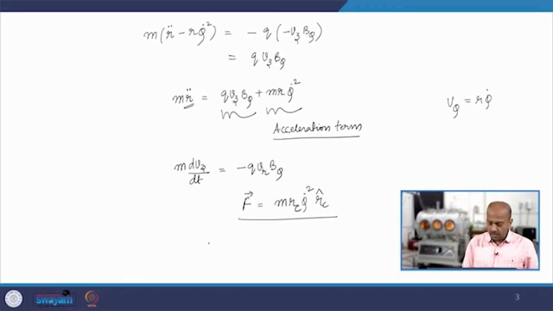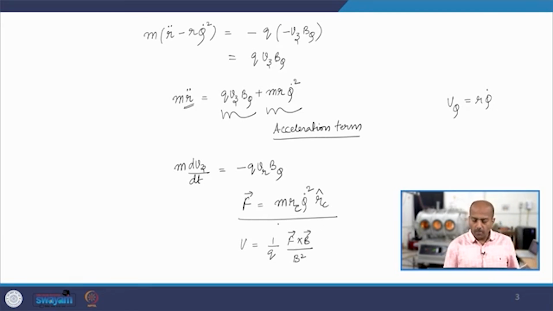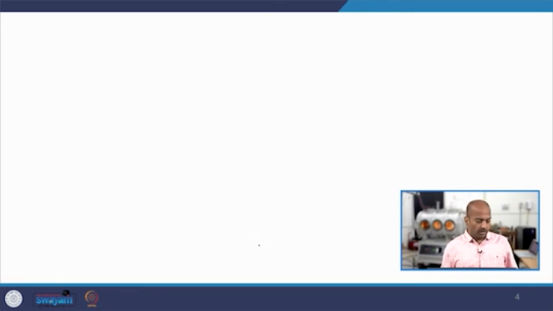Now, we can evaluate the curvature drift from the generalized drift velocity expression, which is 1 by q times F cross B by B square. But now, in order to accommodate the movement of the particle along a curved line of force, we take this force and evaluate the drift pertaining to that.